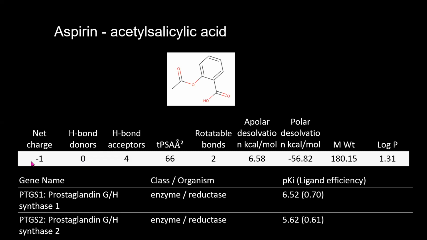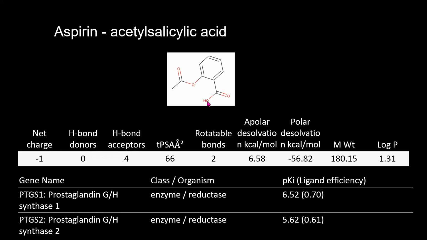So some of these properties, like it's got a net -1 charge because the COOH can always dissociate. Okay, it's got hydrogen bond acceptors. Nitrogen, oxygen are called hydrogen bond acceptors, as long as they do not carry any charge. Okay, so we have acceptors here.